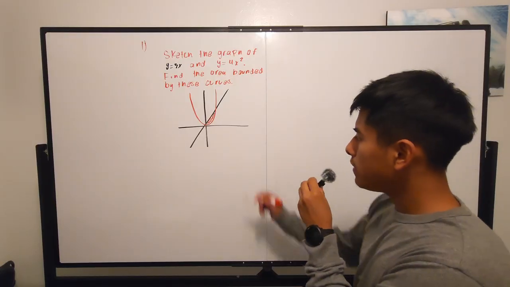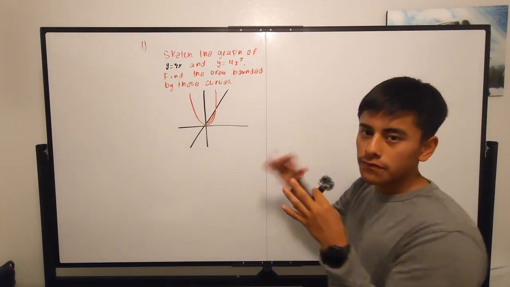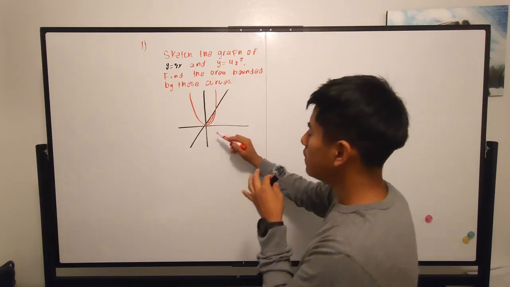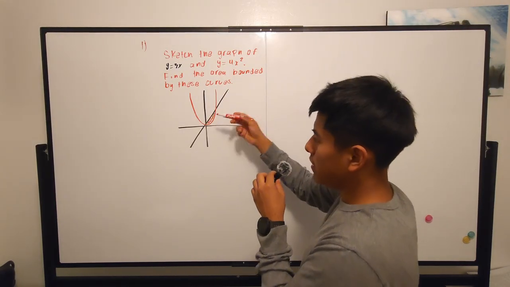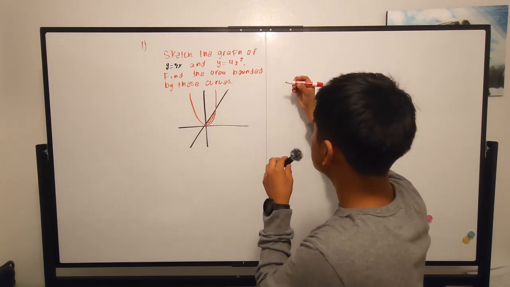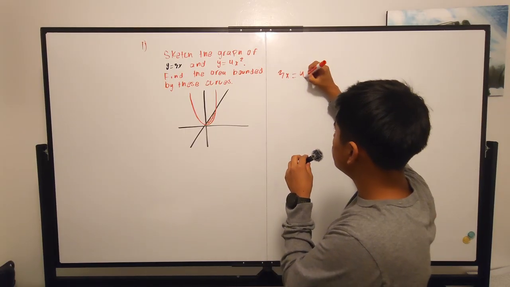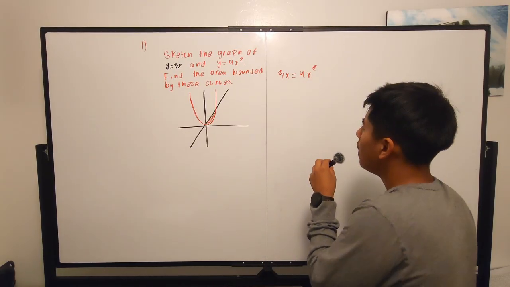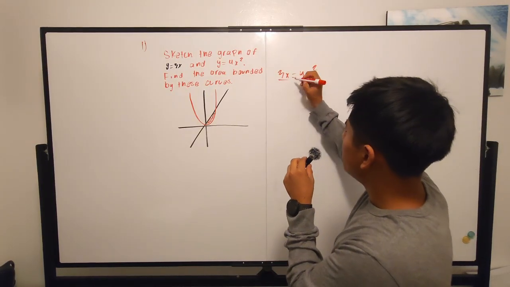Anyways, to find the bounds, we're going to set these two equations equal to each other. That's the first thing that we're going to do. We want to find the area of this region right here, this red that I scribbled. So we have 3x equal to 4x squared. The first thing that I'm going to do is divide by x.